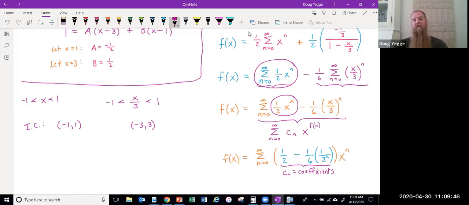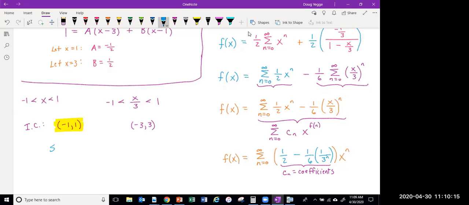So I can't choose the larger of the two, because then this value right here would give values that don't work in this integral or in this sum. So that's why when you're finding the interval of convergence for a sum or difference of functions, it turns out that it is the smaller of the two. This is the interval of convergence for the whole thing. Okay.